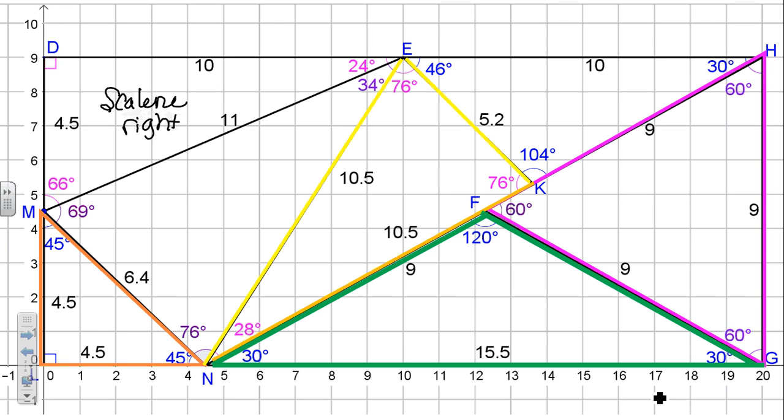Okay. I like it. The one on the bottom left is an isosceles right, because it has two sides that are 4.5. Okay?